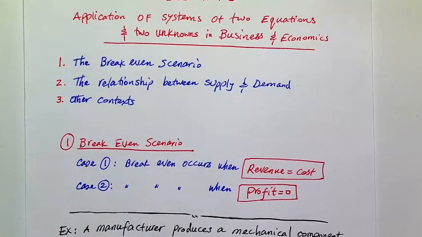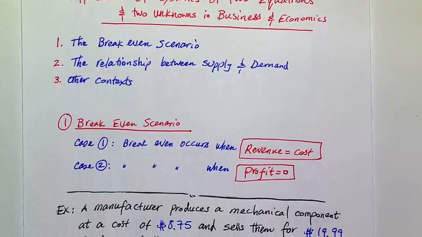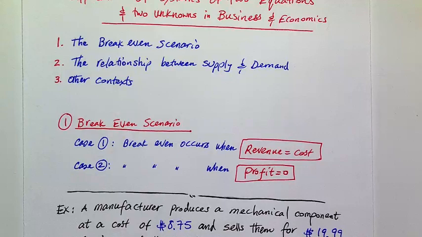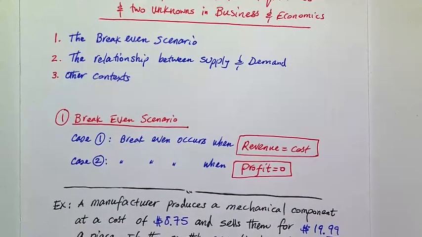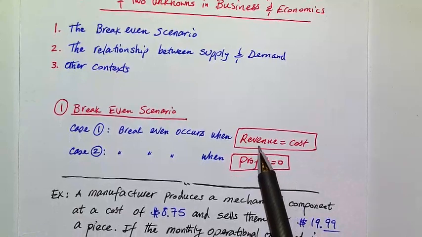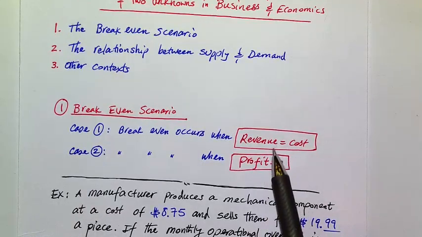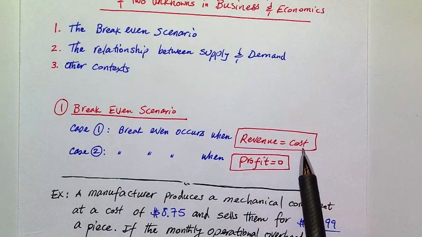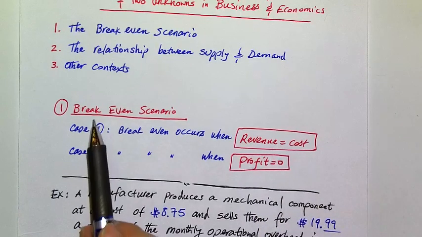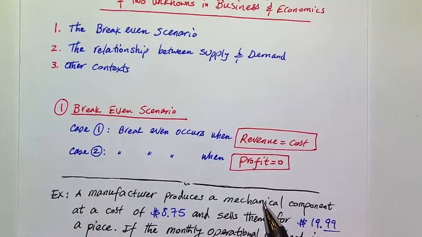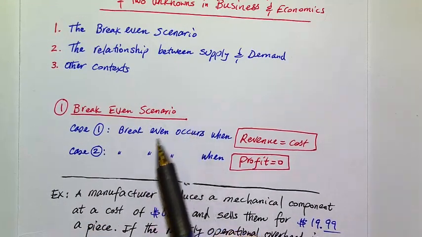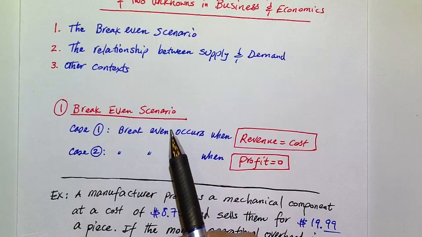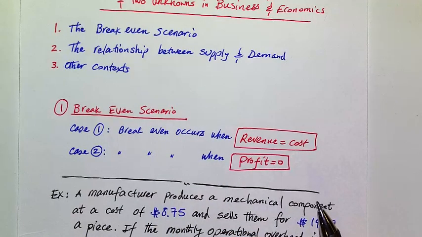For the break-even scenario, there are two approaches that we can take. One is if we have the information given to us in terms of revenue and cost, then we can set up the revenue function equal to the cost function and solve for the break-even case, which is usually how many products or services we have to sell in order to break even.